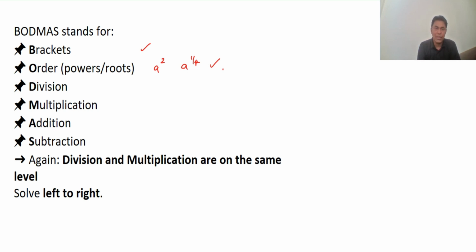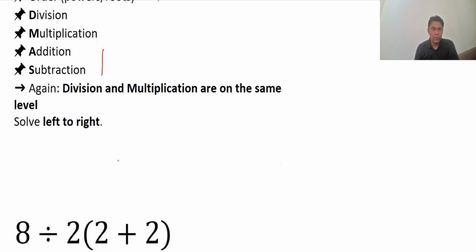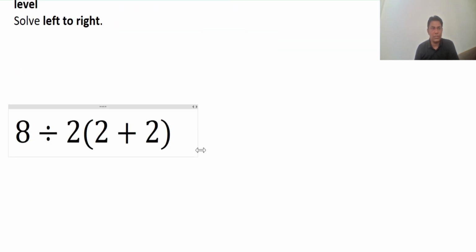Like PEMDAS, they have the same order of precedence, but they are calculated from left to right, followed by addition and subtraction, which also share the same precedence and are operated from left to right. So this is the basic rule that we will use to calculate the correct answer of this question. So let's try to solve this question.